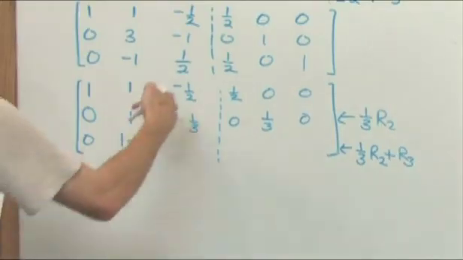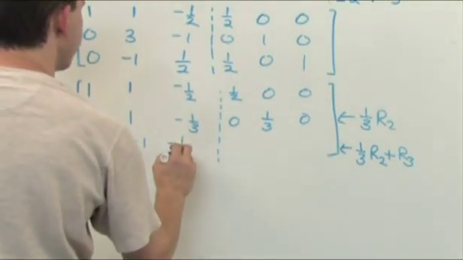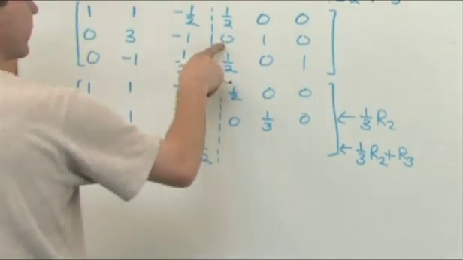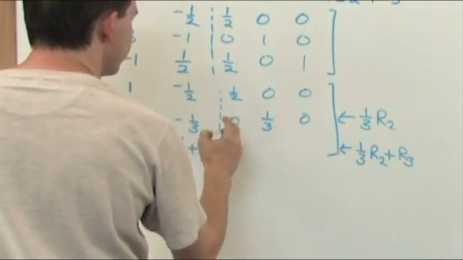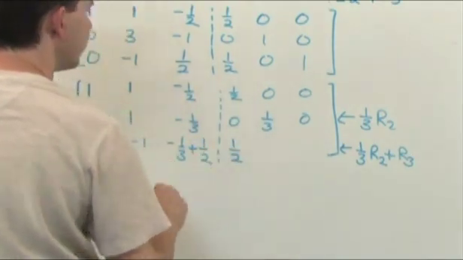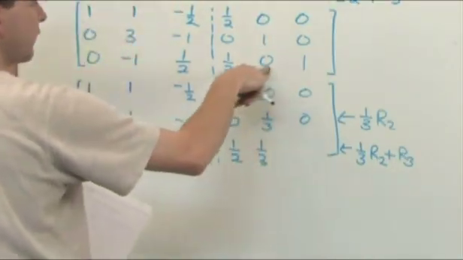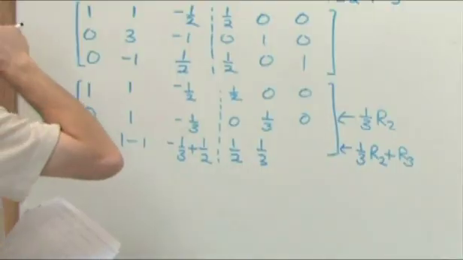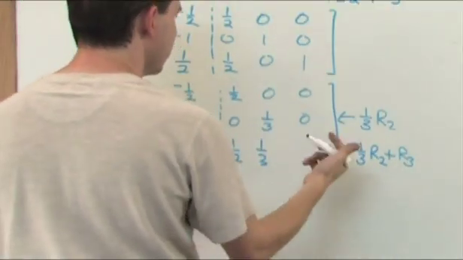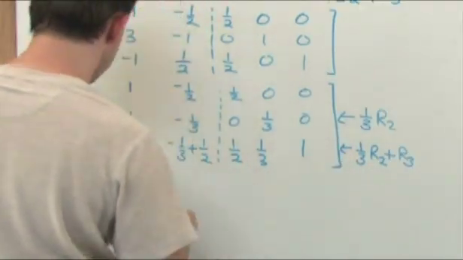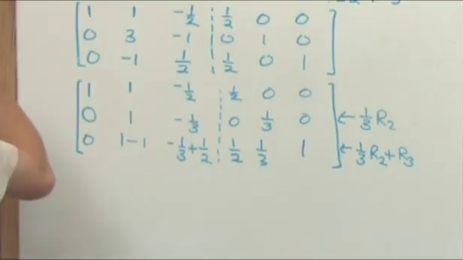We're doing subtraction. 1/3 times this is negative 1/3 plus the 1/2, 1/2 being from down here. 1/3 times this is just going to be 0 plus 1/2, so you're just going to be left with 1/2 down here. 1/3 times this is going to be 1/3 plus the 0 from here, just going to give you 1/3. 1/3 times this is going to give you a 0, plus this is going to give you a 1. So this is all going to really look like this. You're going to have 1, 1, negative 1/2, 1/2, 0, 0, 0, 1, negative 1/3, 0, 1/3, 0, and so on.